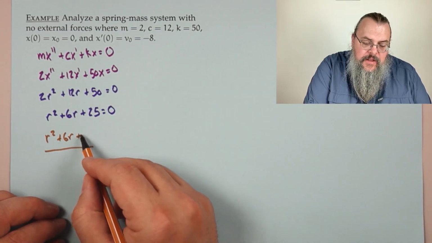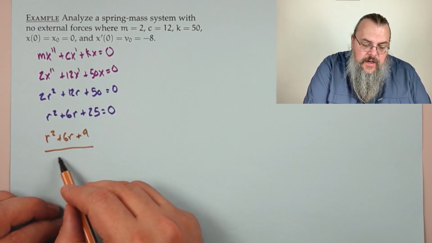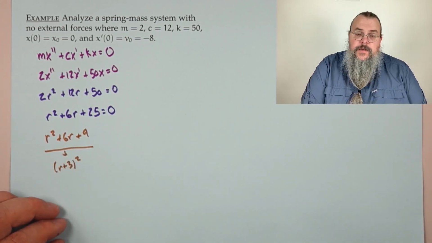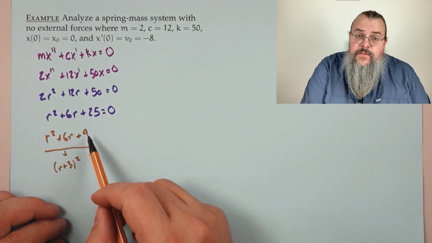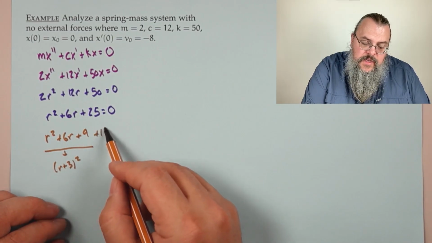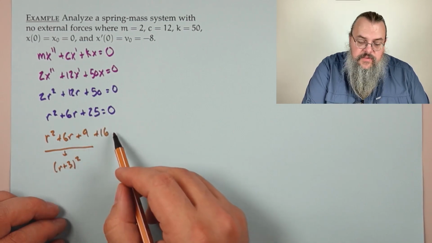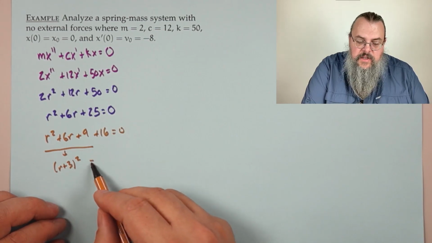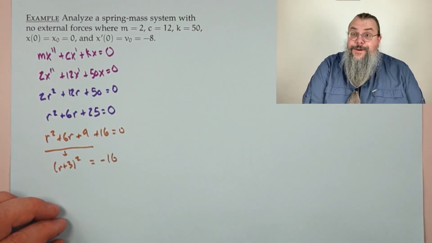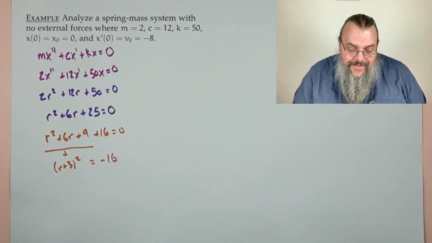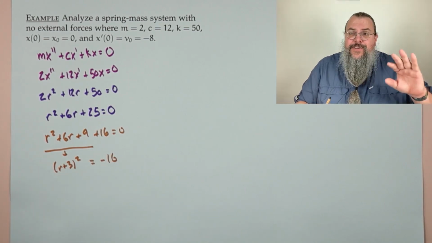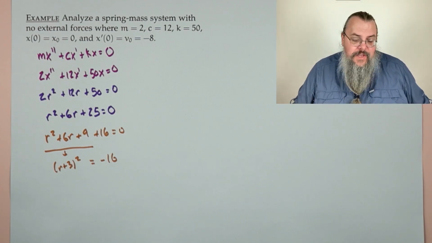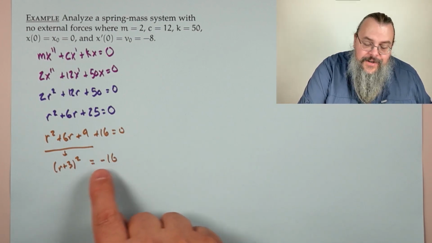So this part right here would become r plus 3 squared. But you need to get to 25. That's only 9. Okay, no problem. Think of 25 as 9 plus 16. And now we'll move the 16 across, and we'll get negative 16. Oh, nice. We can even see where the imaginary part is going to come from, because we see there's a square and a negative.